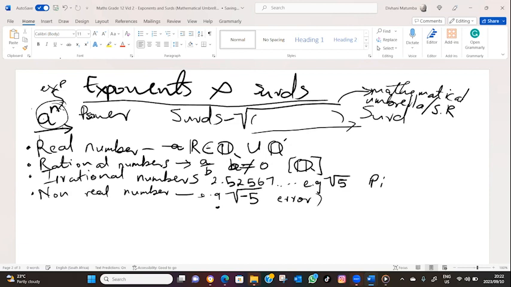And why do you get an error? Now, if we talk about functions, which we're going to discuss later on, if you get an error, that will mean that in your function there are no solutions or roots, or there's no x-intercept. All right. Moving right along.